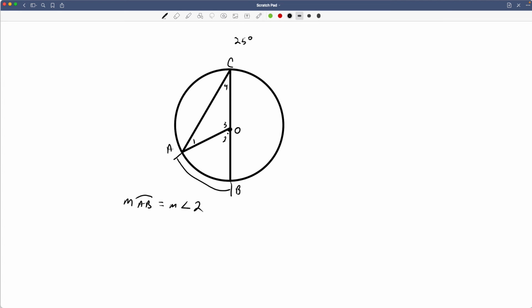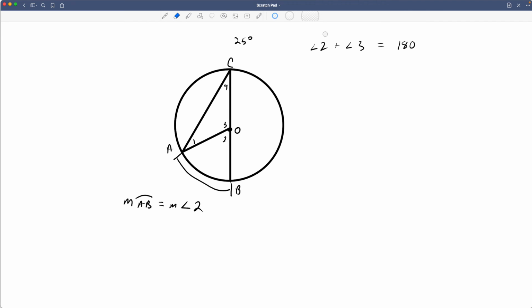So that means that 3 and 2 added together is going to be 180 degrees. So what that also means is that 1 and 4, all right, let's keep track of this. Let me write it down. Because angle 2 and angle 3 are next to each other on this straight line, angle 2 plus angle 3 should equal 180 degrees.